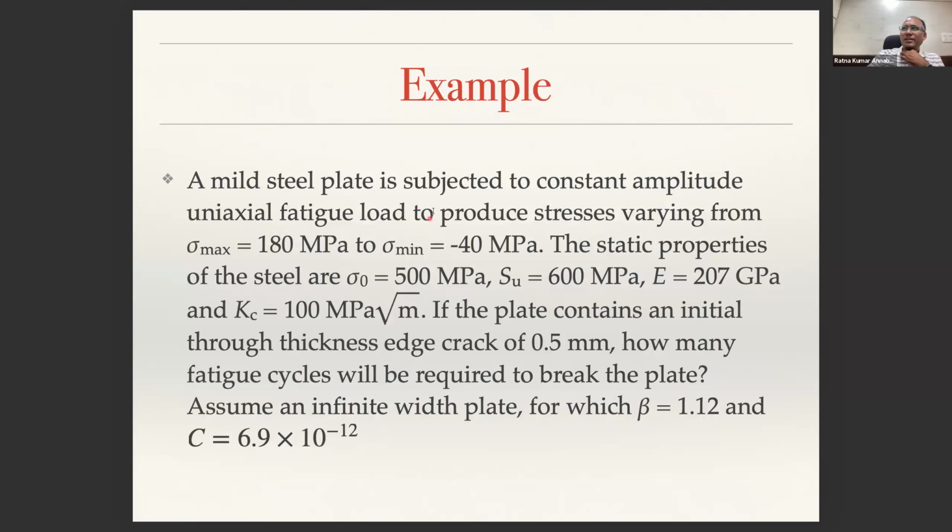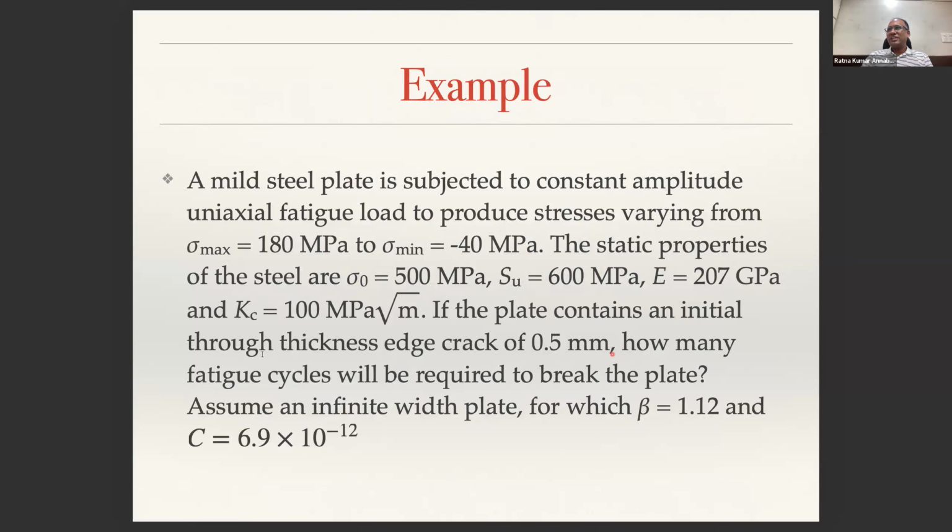You have a mild steel plate subjected to a uniaxial fatigue load to produce varying stresses from sigma max 180 MPa to minus 40 MPa. The static properties: sigma naught being your yield strength of the material, SU is ultimate strength of the material, elastic modulus, fracture toughness Kc.